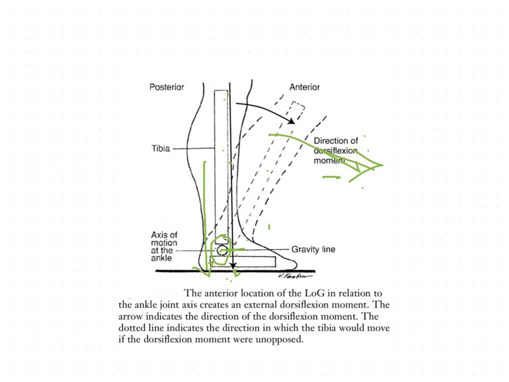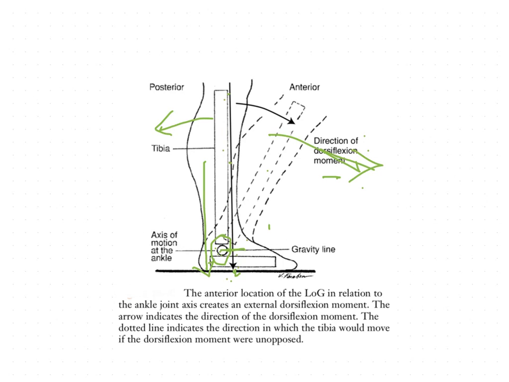Whereas if the LOG falls on the posterior aspect, what happens? It causes backward movement of the proximal segment.